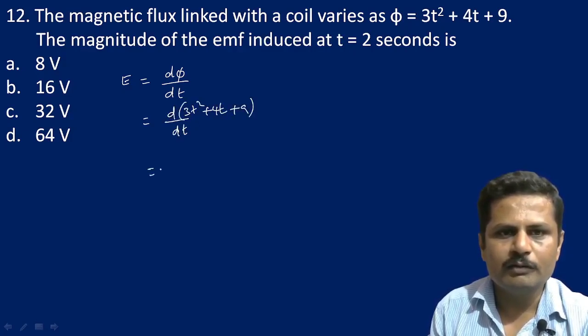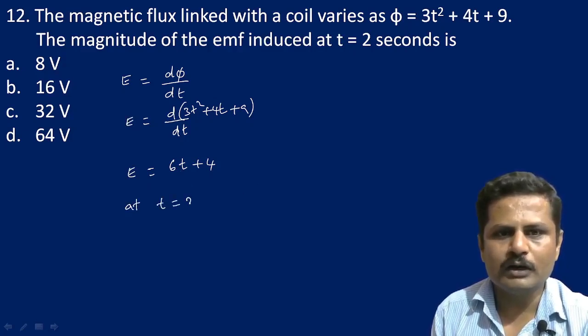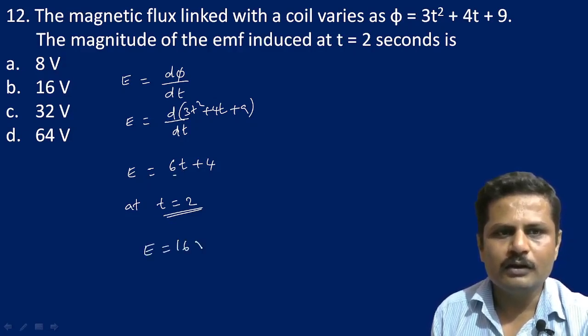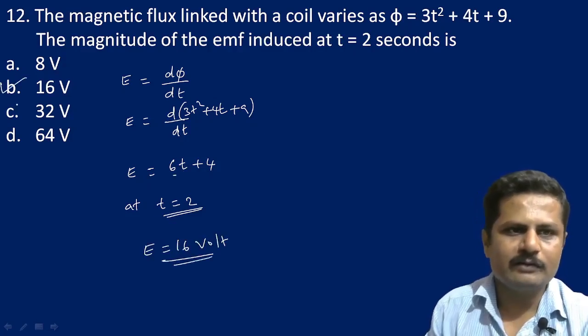On differentiating this, we will get 6t plus 4, that is the EMF induced in the time, equal to 6t plus 4. So at t equals 2 seconds, 6 into 2 is 12, 12 plus 4 is 16. So E is equal to 16 volt. So option B is the right answer.